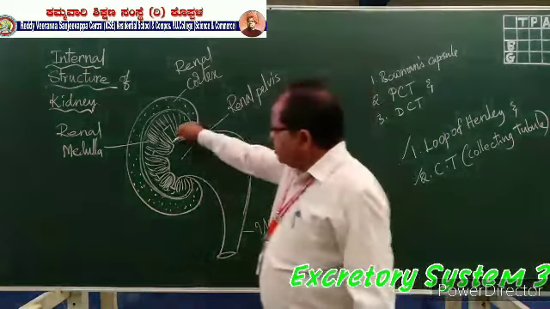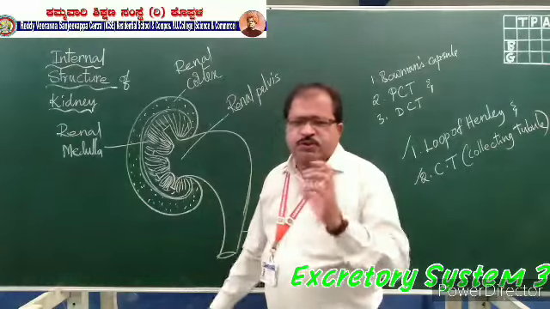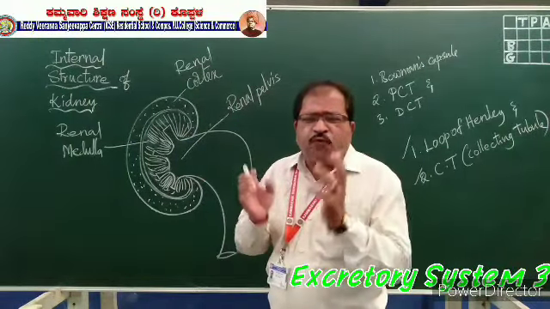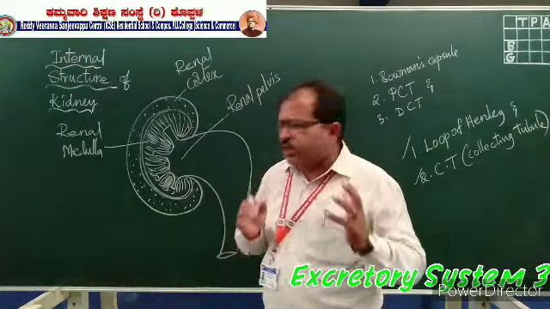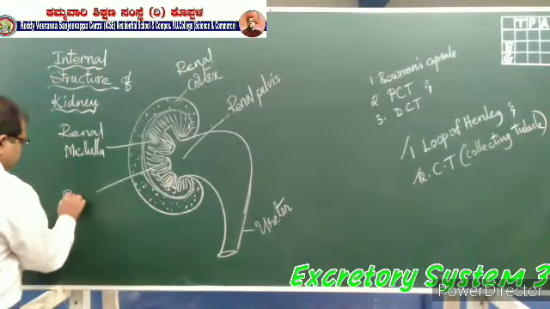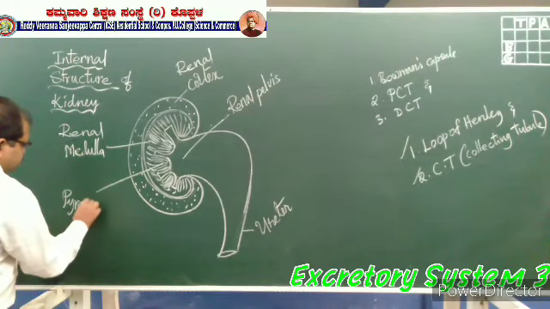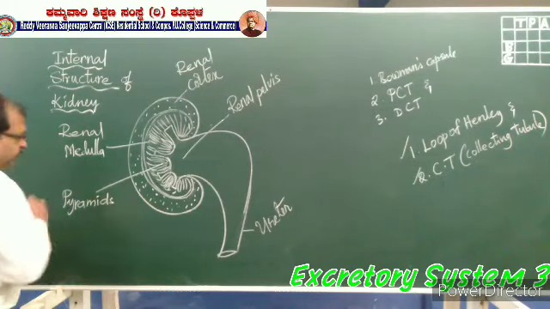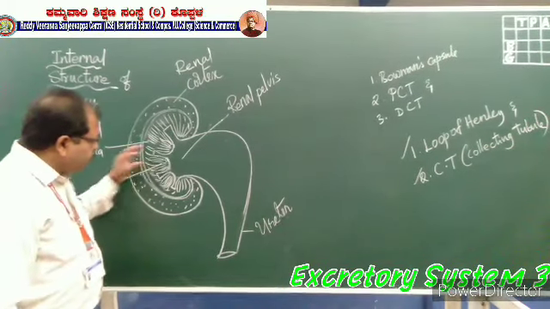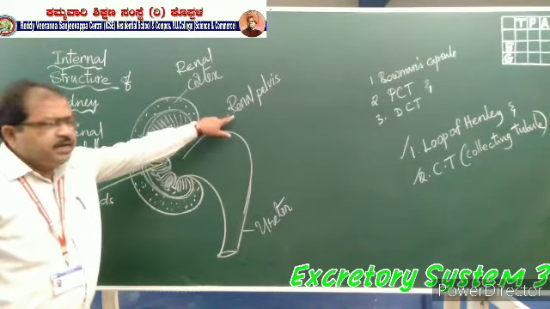And the stripes are bunched, forming a structure called pyramids. All these pyramids are bunched, each one projected towards the renal pelvis.